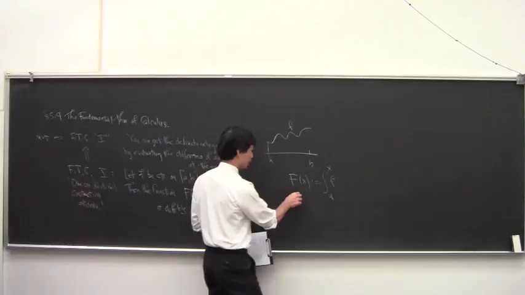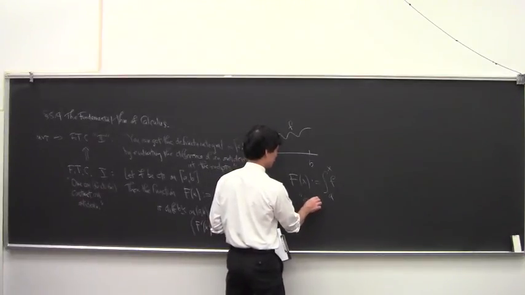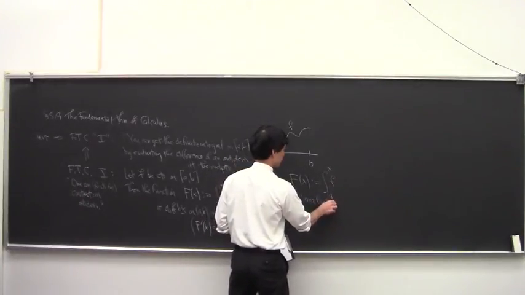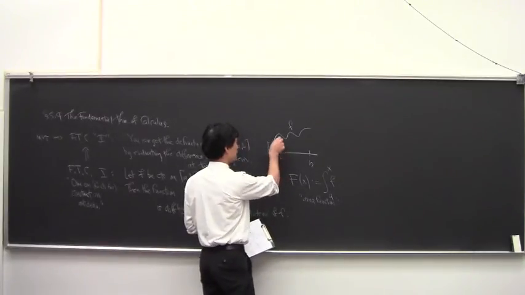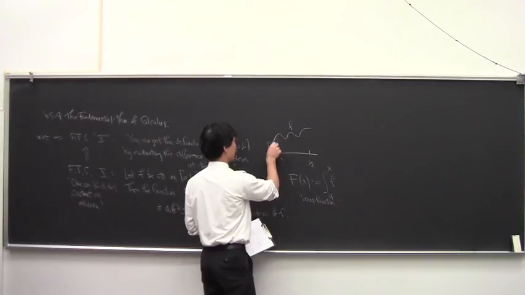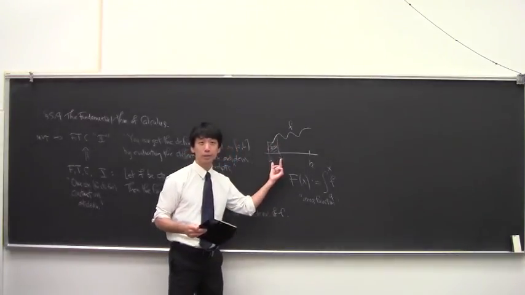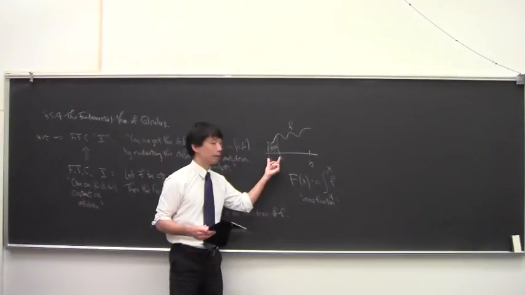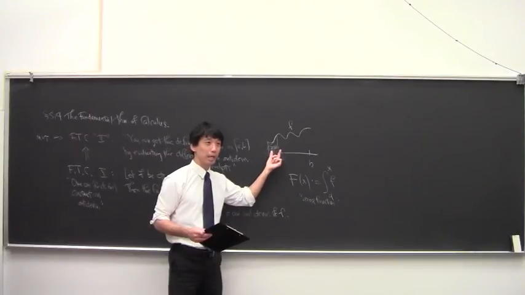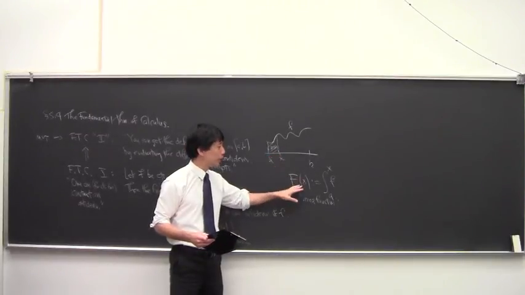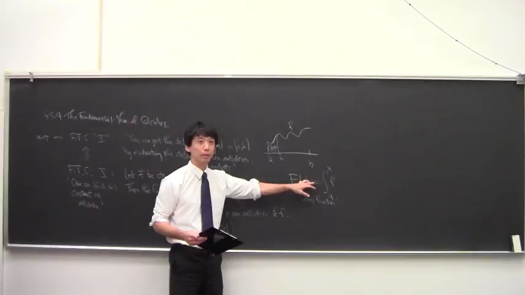So it's sort of like an area function. For any x that you give me, big F will be the area from a to x. And this area function turns out to be differentiable and an antiderivative of the original function.